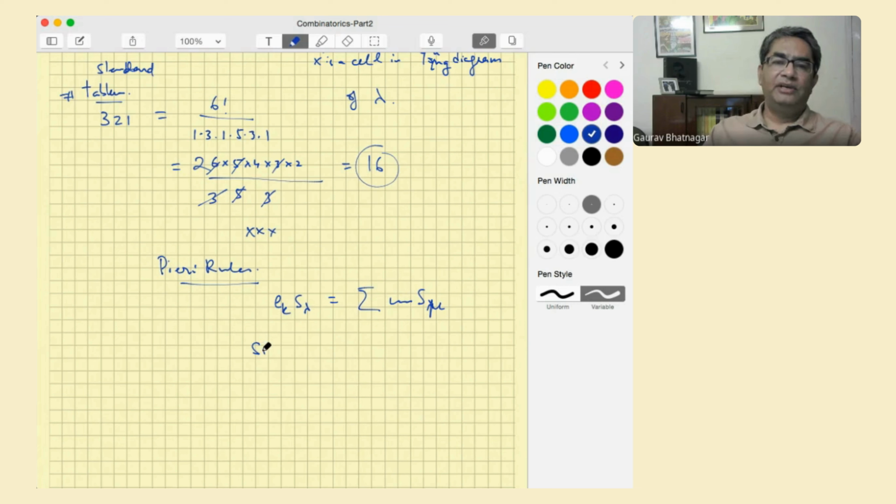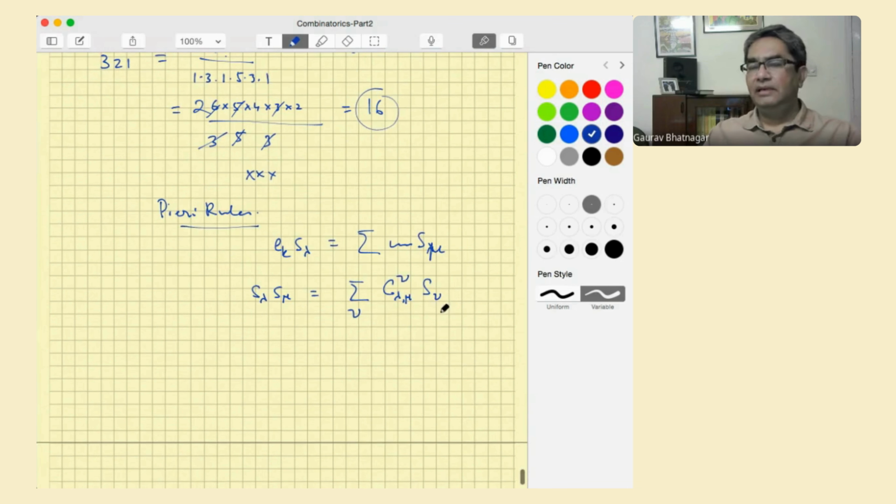And more generally, if you multiply s lambda and s mu, you can write it in terms of some coefficients.